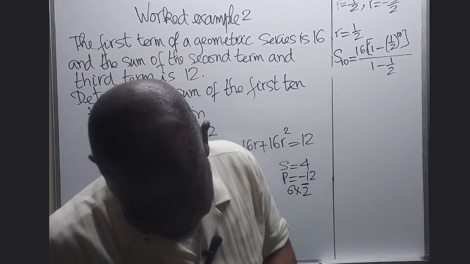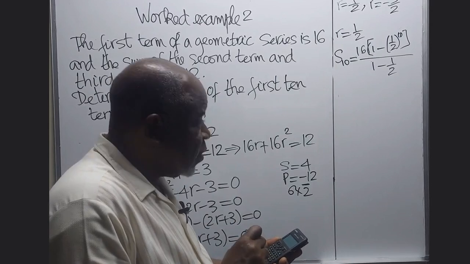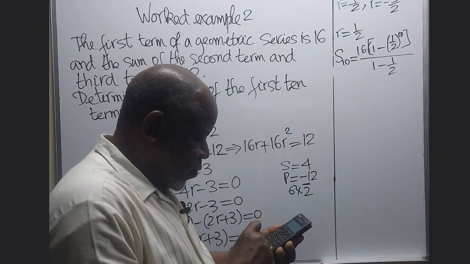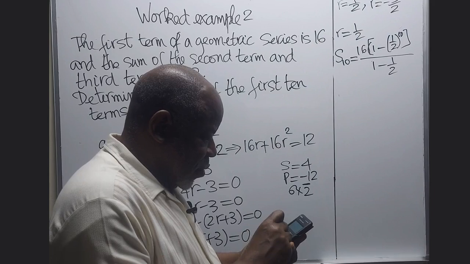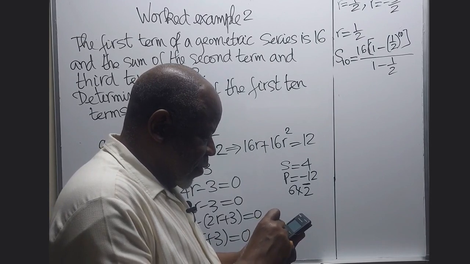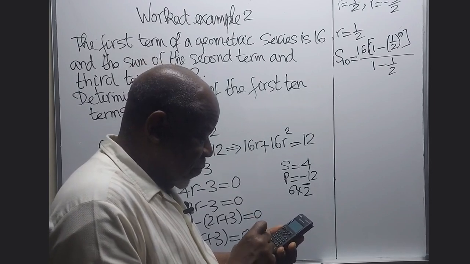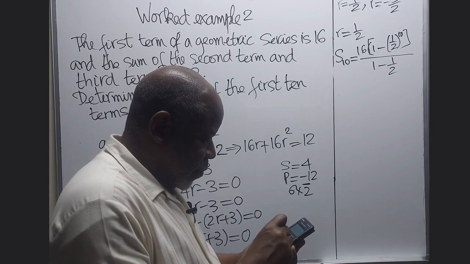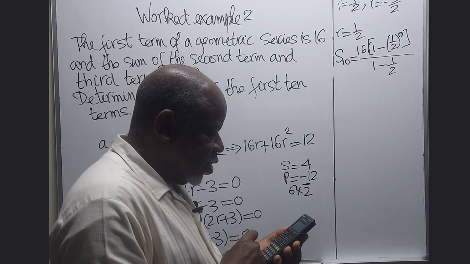S10 will be equal to 16 times 1 minus 1 over 2, bracket to the power of 10, and then we go down to the bracket, divide by 1 minus 1 over 2, and then we're getting 1023 over 32.